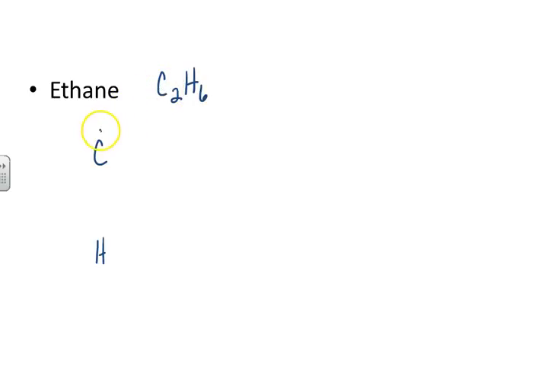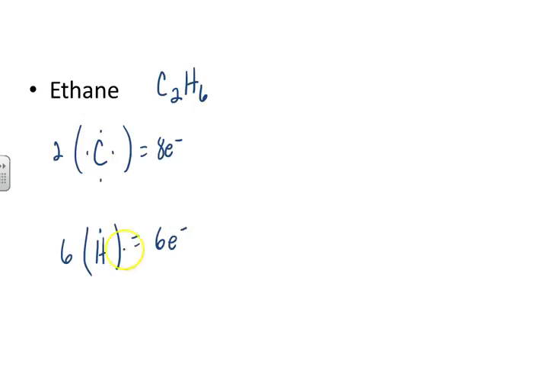Carbon is in group 14, 2, 3, 4. Hydrogen's in group 1, 1. 2 times 4, 8 electrons being supplied by carbon. 6 times 1, 6 electrons being supplied by hydrogen. That's going to be a total of 14 electrons.